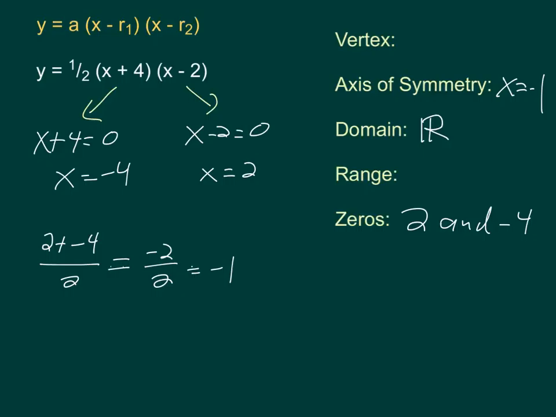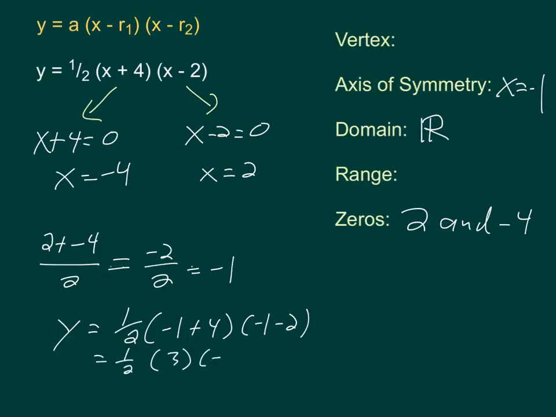But anyways, now that I have that, I'm going to take the x equals negative 1 and plug it into my equation. And something nice should happen here. When I plug it in, I get negative 1 plus 4, and then negative 1 minus 2. Now, the negative 1 plus 4 is going to be 3. The other one's going to be negative 3.